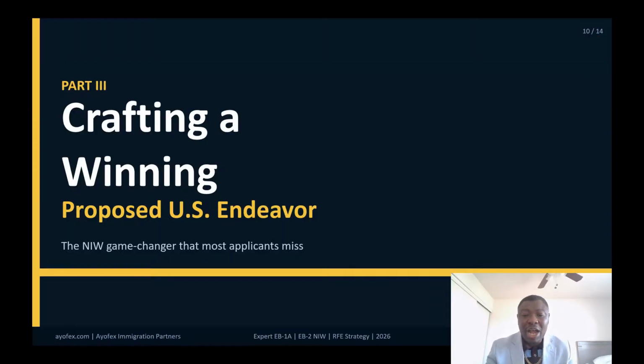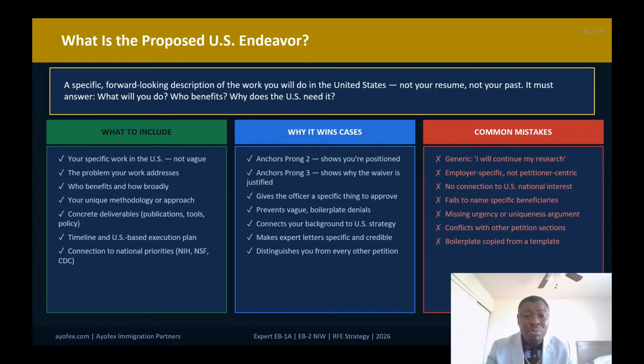Now, let's look at how to craft a winning proposed endeavor. What is a proposed endeavor? A proposed endeavor is a specific, forward-looking description of the work you will do in the United States. It is not your resume. It is not your past.